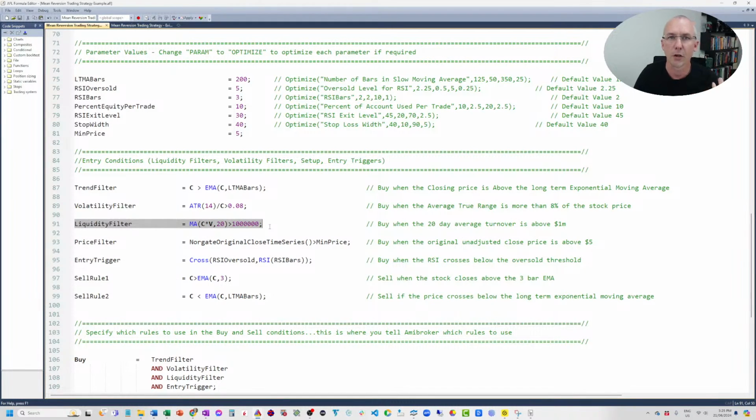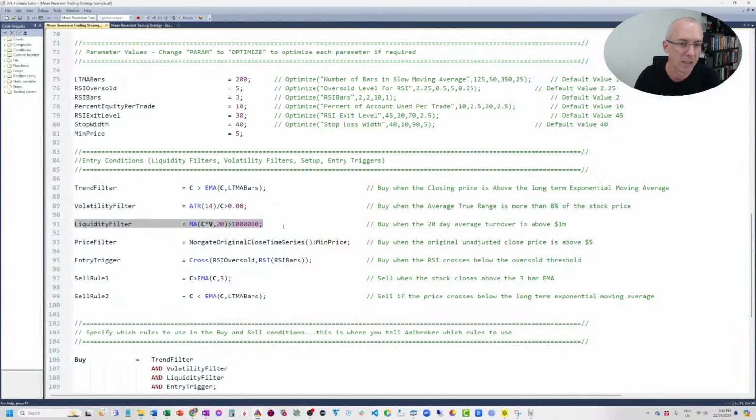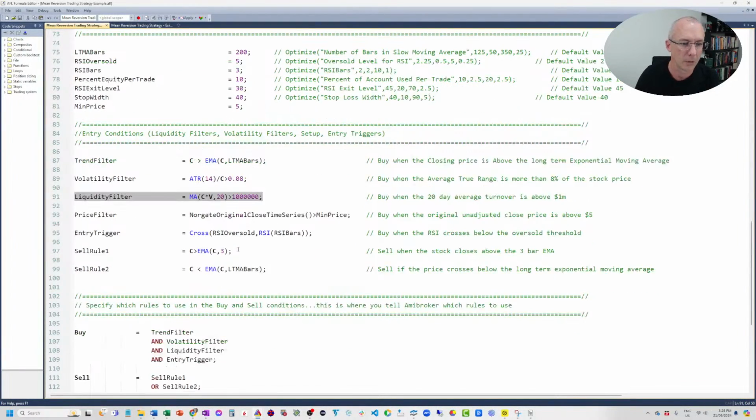Of course, with mean reversion, we've got to be careful to make sure that the stocks we buy and sell are sufficiently liquid so that when we're trying to extract a small profit from these mean reversion type moves, we don't get too much slippage that erodes the profit. Now, luckily, this system has a pretty big average profit per trade, so we should be okay. But I've got a $1 million per day turnover filter for this system, so it needs to be fairly liquid in order to trade this stock.